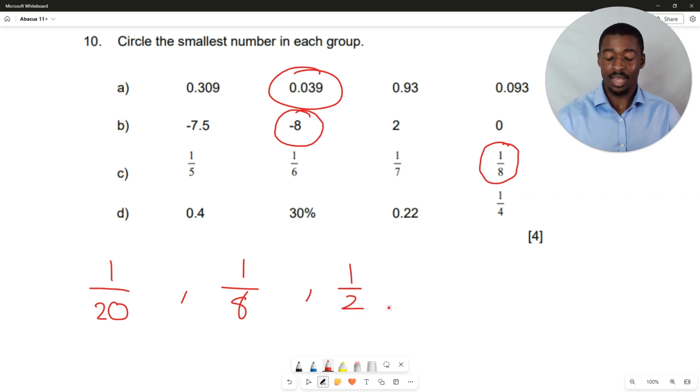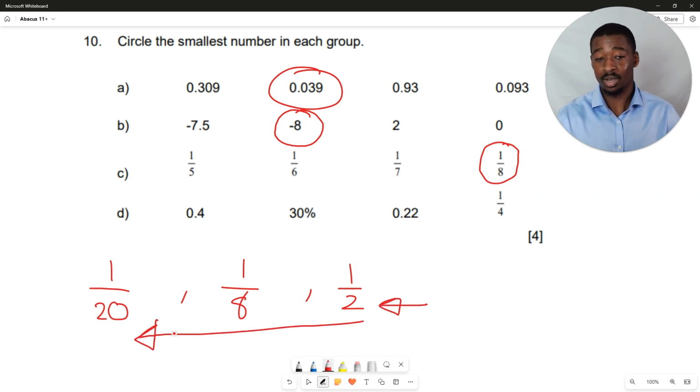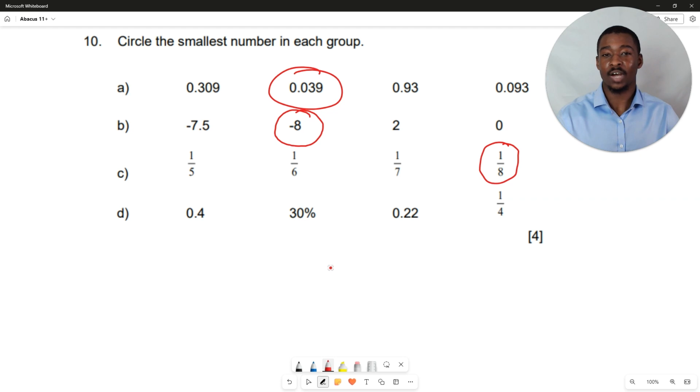So you can see as the number on the bottom, the denominator, gets bigger, the size of your pizza slice gets smaller. So here the smallest number is 1 over 8, an eighth. And now for part D, we have a mixture of fractions, decimals, and percentages.